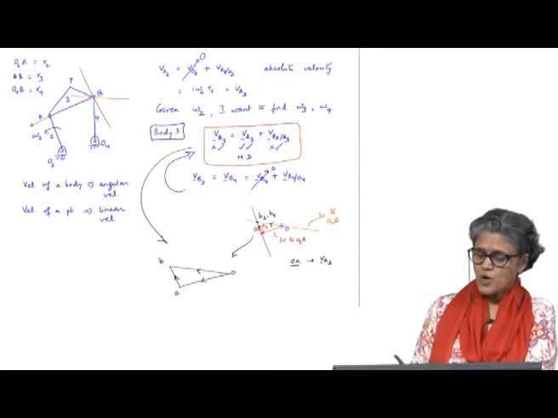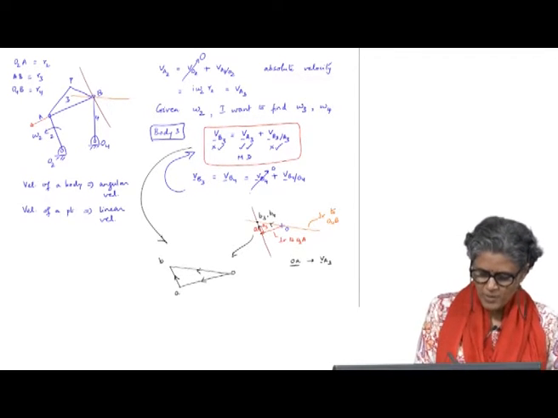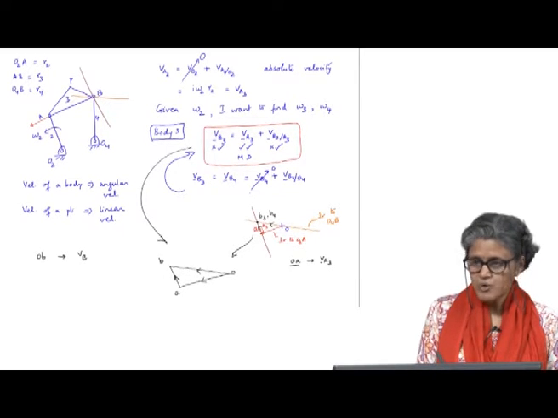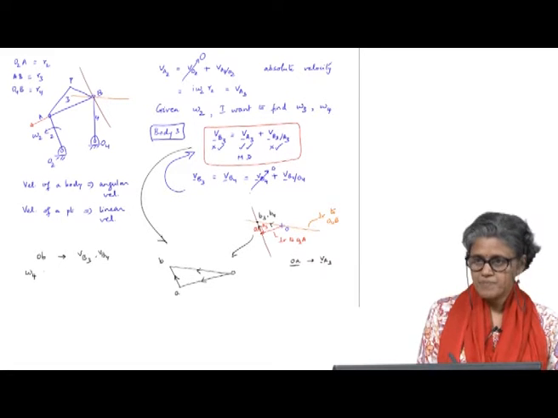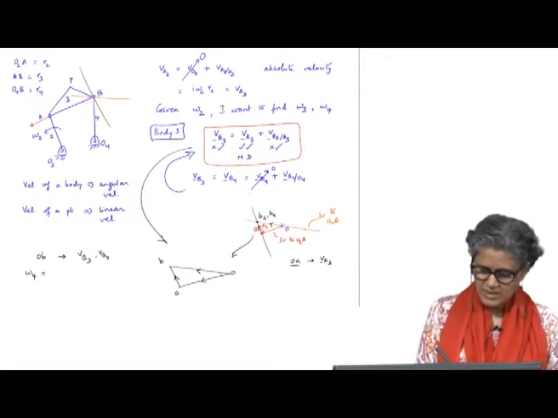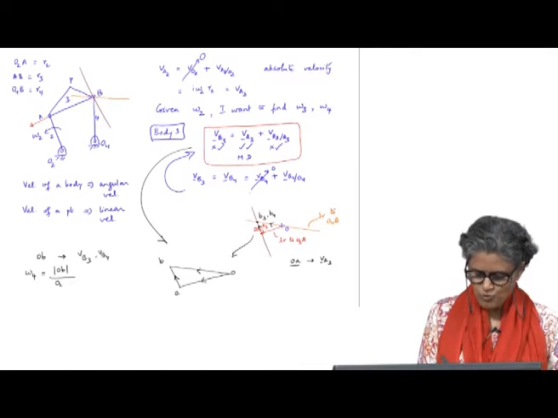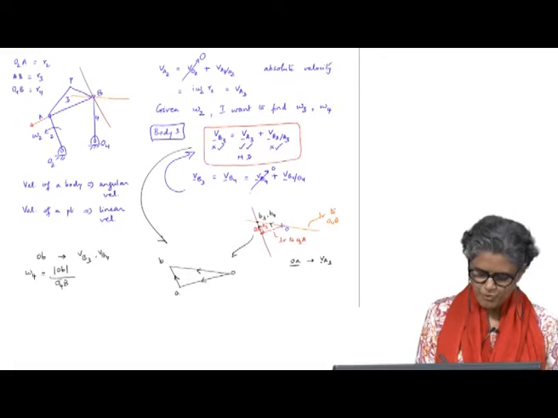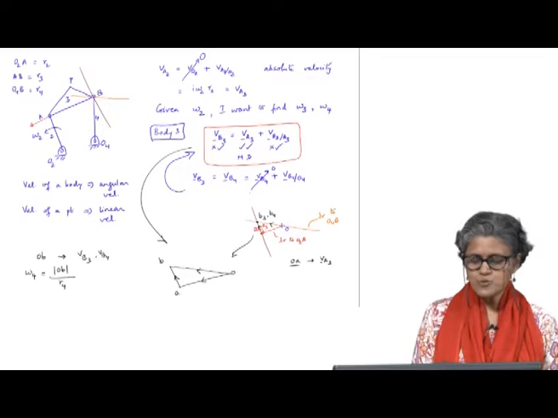Okay. So, what does this tell me now? Now, from here OB is the velocity of B on body 3, which is equal to the velocity of B on body 4. Therefore, my omega 4 equals the magnitude of OB divided by O4B or R4. Okay. And what would be the direction?